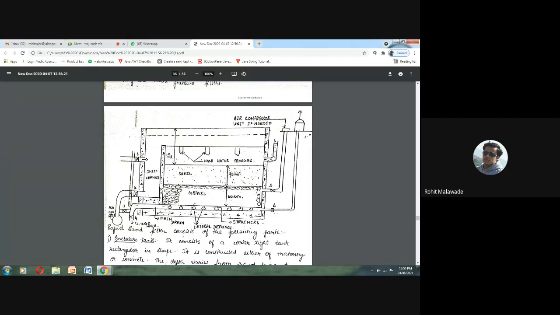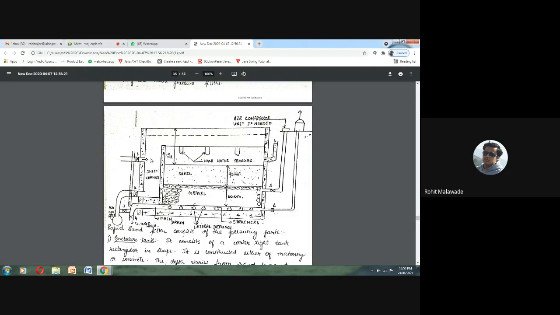The water will enter from valve number 1. While having your filtration process, the water will enter from valve number 1, and valve number 2 is going to be closed. Valve number 3 is going to be closed.